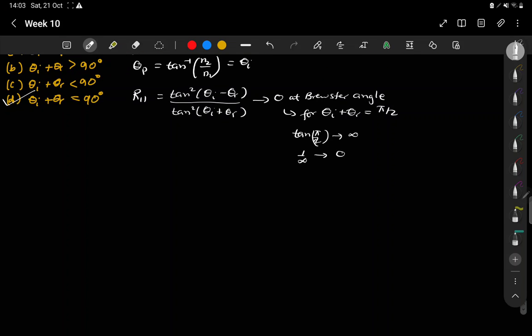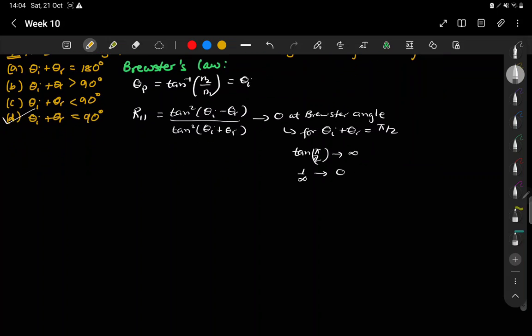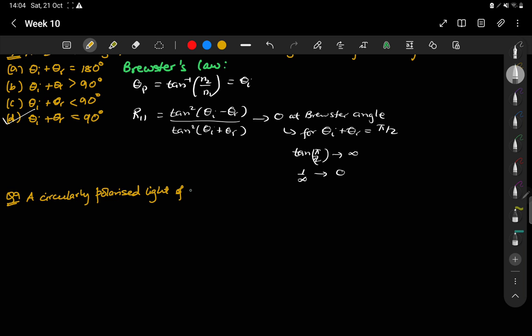Okay, next question. Question 9. A circularly polarized light of intensity I naught is passed through a polarizer.